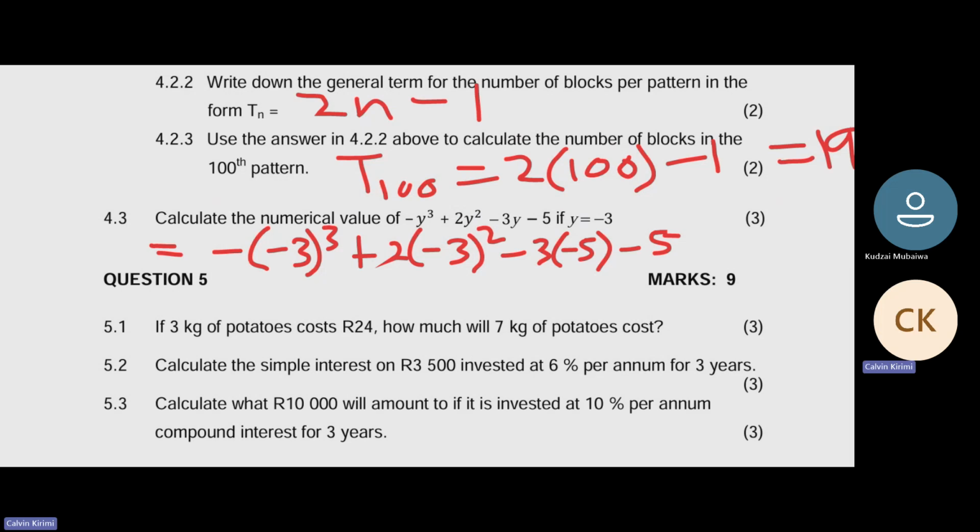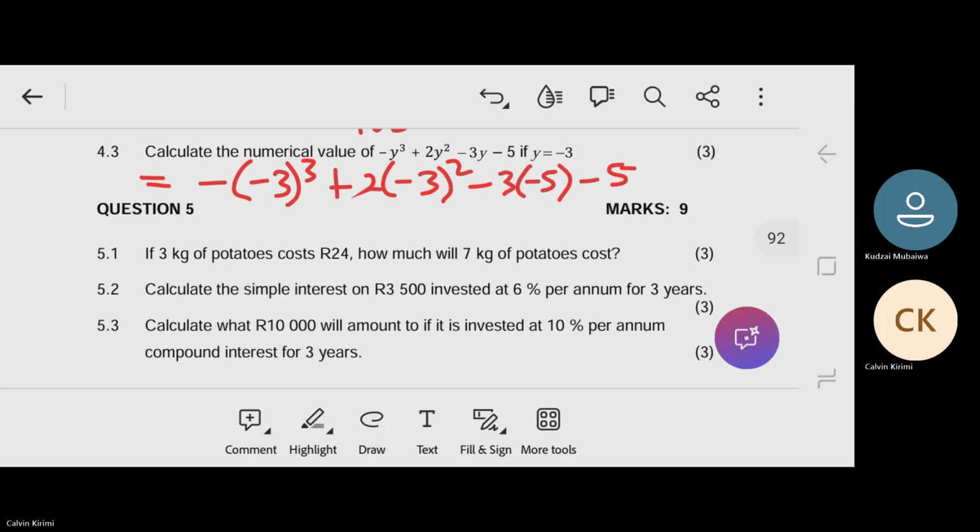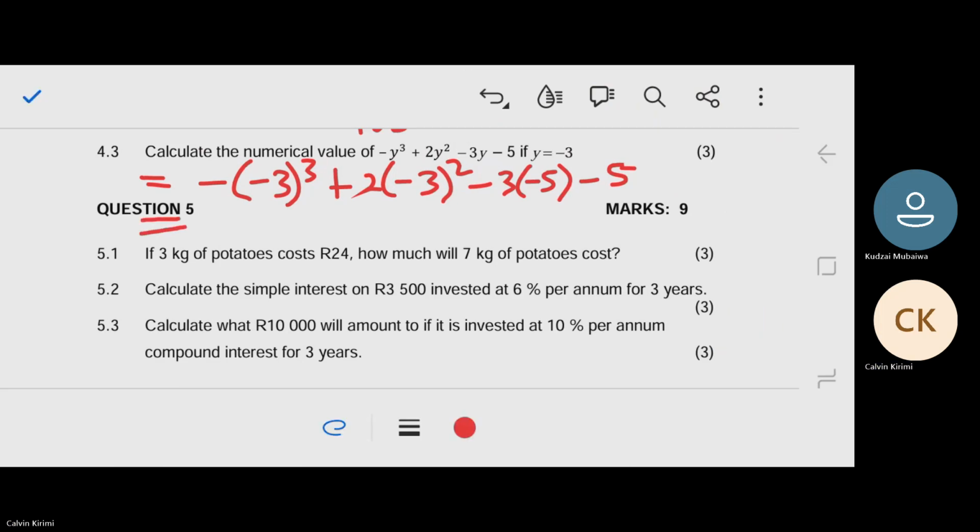Let's verify. It's equal to negative... first we do the exponent first. Negative 3 times negative 3, you get what? So 55.